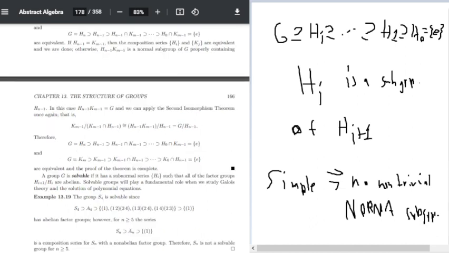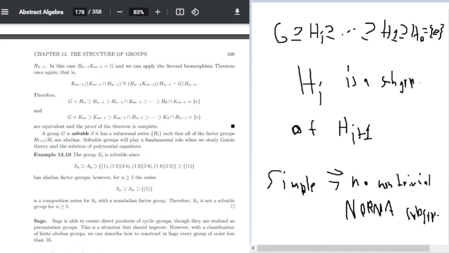In this case, H_{n-1}K_{m-1} is equal to G, and we can once again apply the second isomorphism theorem. That is, K_{m-1} / (K_{m-1} ∩ H_{n-1}) is isomorphic to H_{n-1}K_{m-1} / H_{n-1} = G / H_{n-1}. This is just a simple restriction of domain.